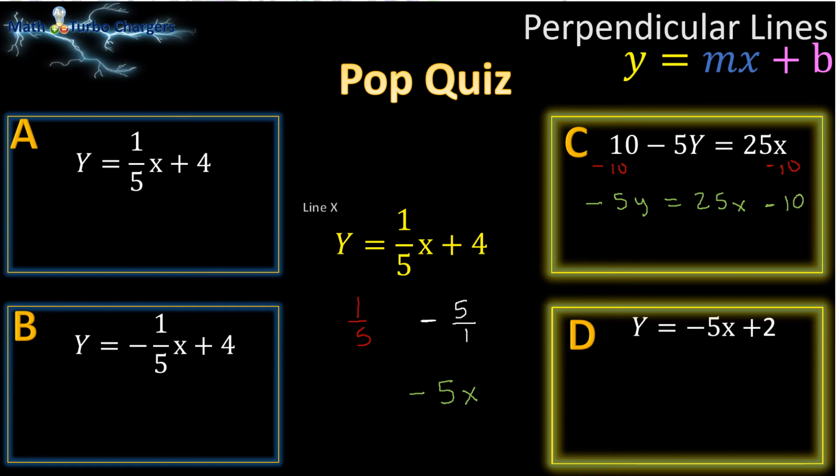Now I need to isolate y, so I'm going to separate negative 5 times y by division. Notice I am dividing this into each term on the right. Negative 5 divided by negative 5 is positive y, is equal to 25 divided by negative 5 is negative 5x, and negative 10 divided by negative 5 is positive 2. So there you have it. You can see it now. Negative 5 is perpendicular to 1 over 5.